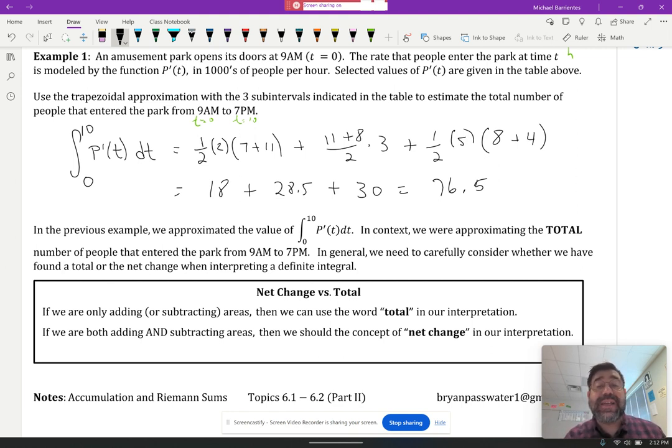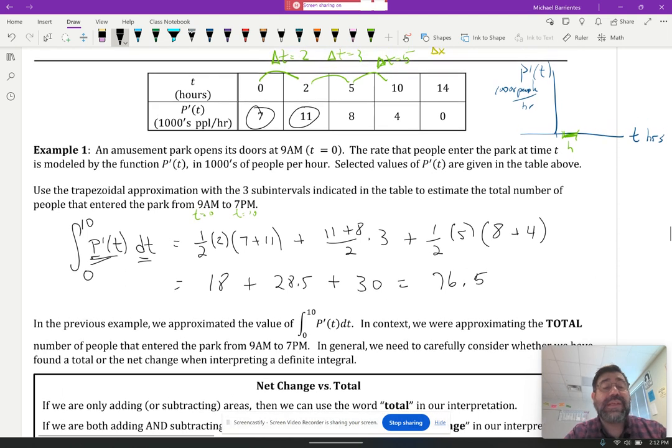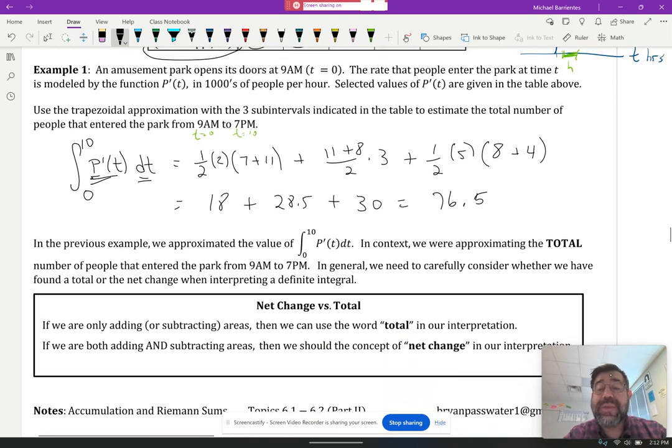Now, what do we find? Well, we found, remember, we were multiplying P prime times T. So we're multiplying thousands of people per hour times hours. So then what we have is that many thousands of people.